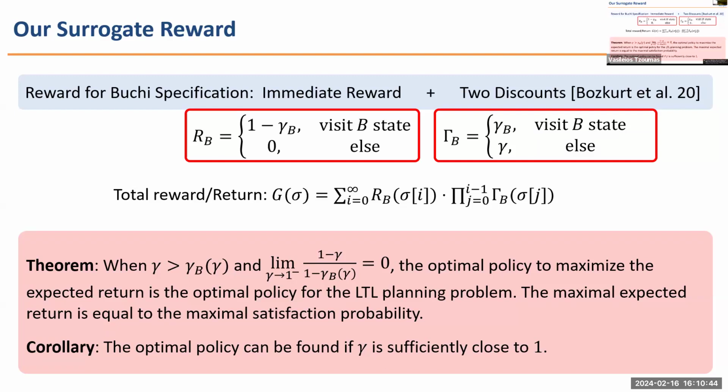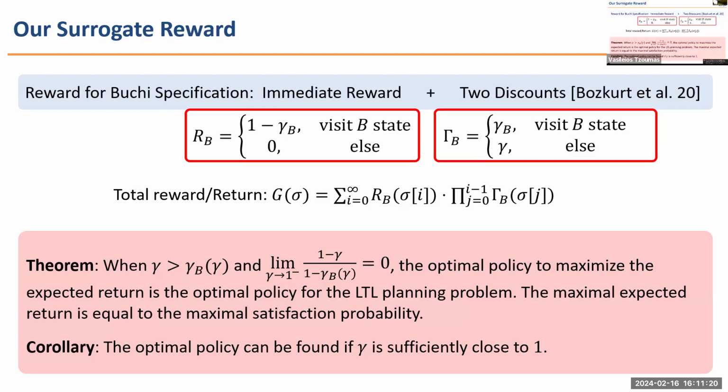The tricky part here is you need to have 2 discount factors instead of 1 discount factor as in the usual RL setup. You need one discount factor, which we call gamma B, for the states you want to visit infinitely often, and a different gamma for the other states. When you are calculating the total return along a path, for any given path sigma, you add up all the rewards you collected along the path.